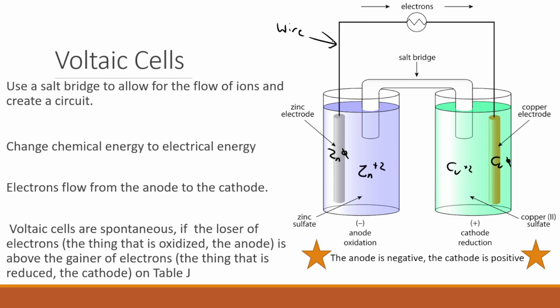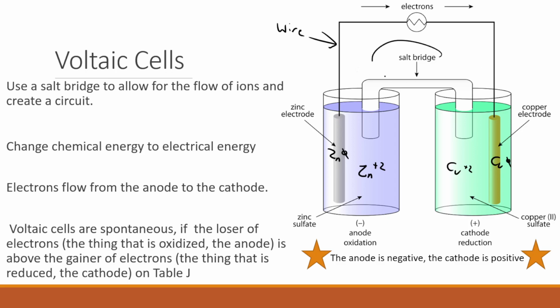So anytime they pass through this wire, we are generating electricity. Everything we know about this copper and zinc reaction is still true. Everything we talked about in our previous lesson is still true. And we're going to go into a little bit more detail in a second.